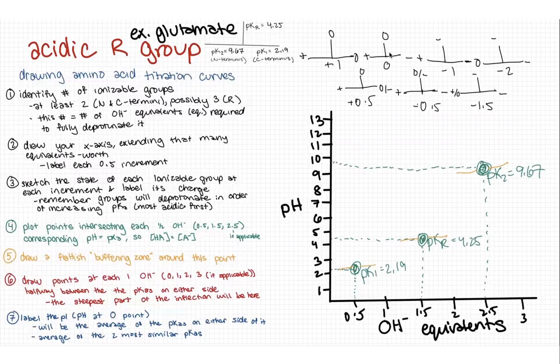That's going to give us 3.22. So I'm going to go over to here, 3.22, and sketch that out. For the next one, 4.25 plus 9.67 divided by 2, going to give us 6.96.